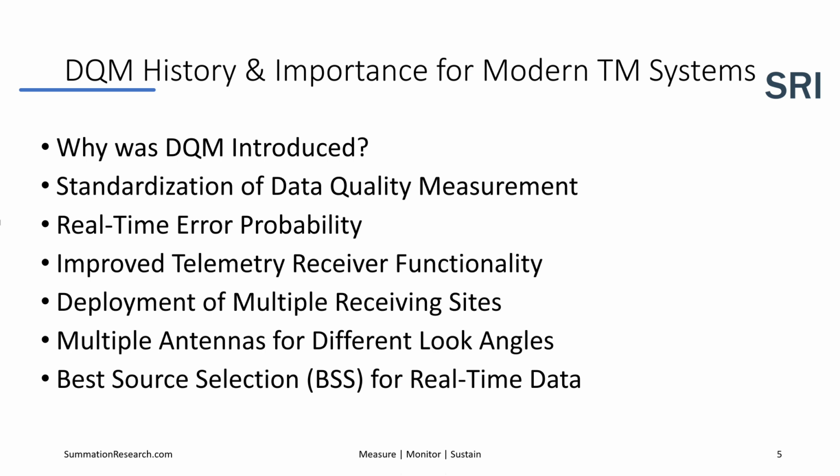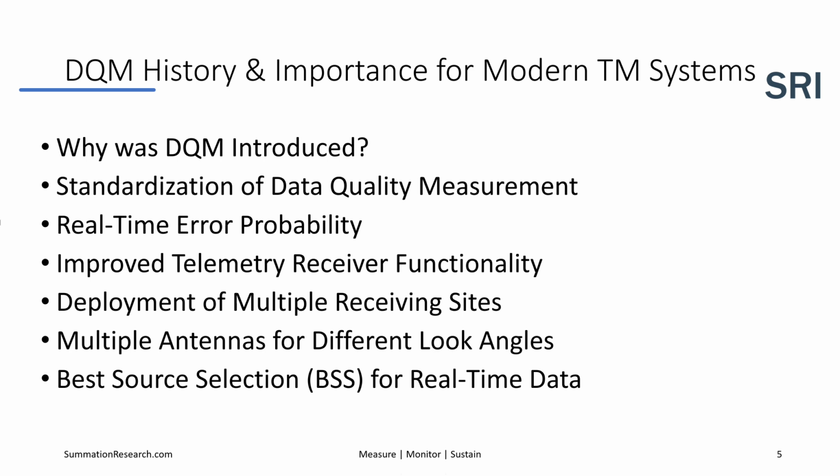Real-time error probability assessment. DQM provides a real-time measurement of the probability of error for a group of bits. This is critical for systems that rely on high data integrity, as it allows for immediate identification and correction of data issues, ensuring reliable data transmission.